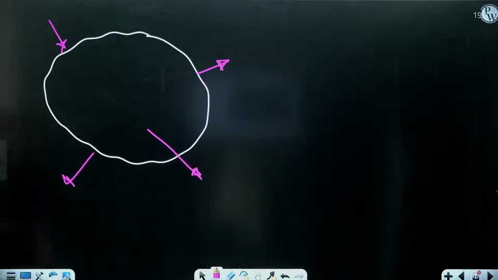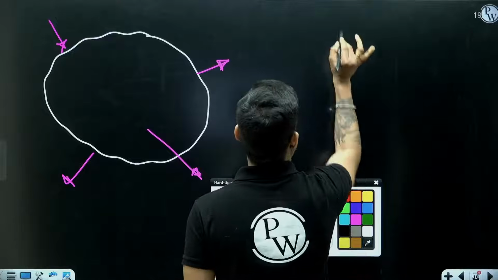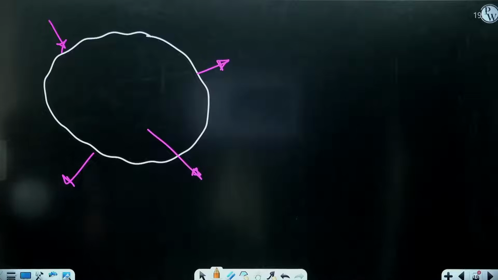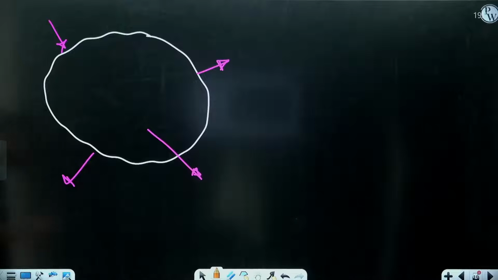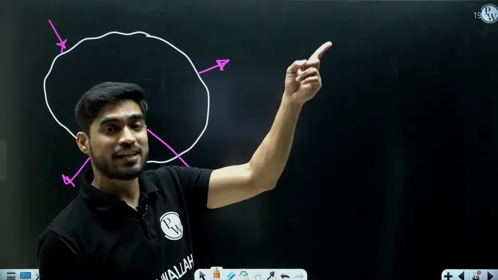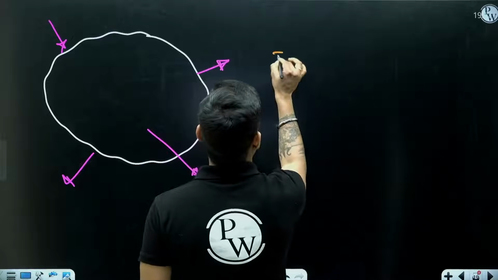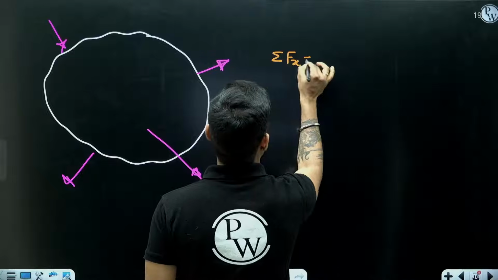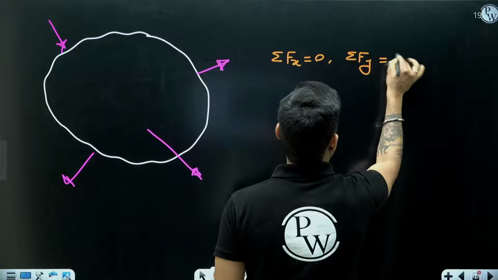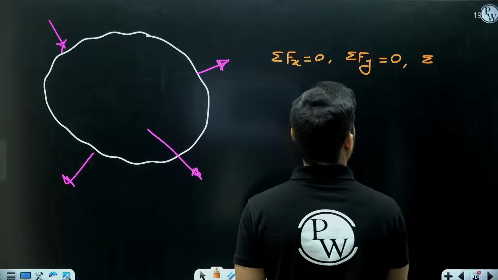Now the resultant force and the couple are 0. So if the resultant force is 0, it means the components of the resultants will also be 0. So summation of fx will be 0, summation of fy will be 0, as well as summation of fz will be 0.